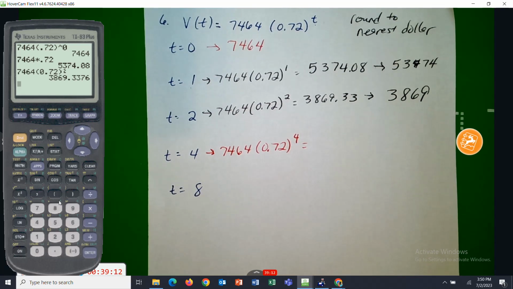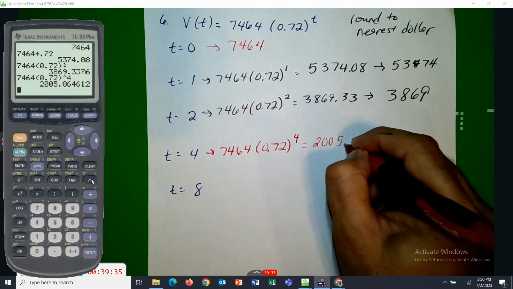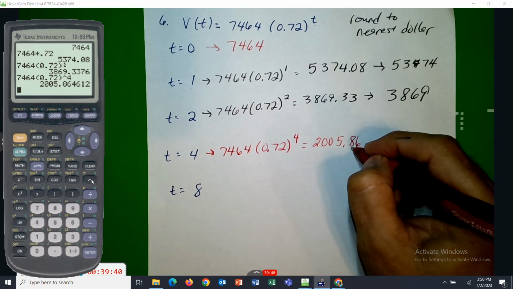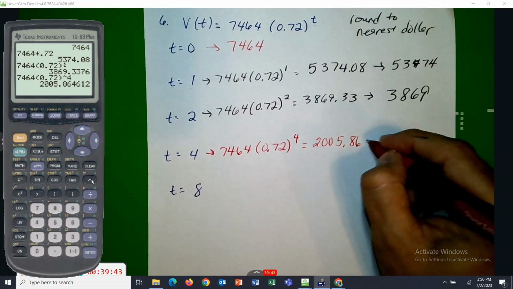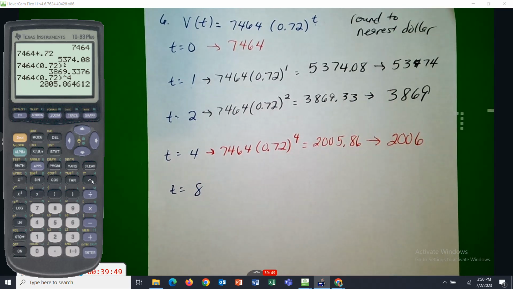So 7464 parentheses 0.72 close parentheses raised to the 4th power. 2005.86... The important thing is this 8. Do I leave it as 2005, or does it go up to 2006? We're going to round up, aren't we? So 2006.